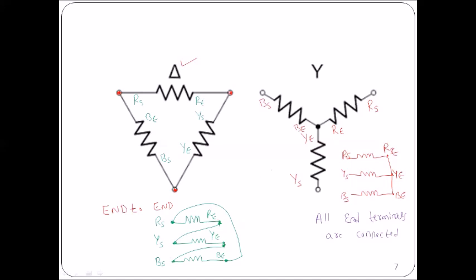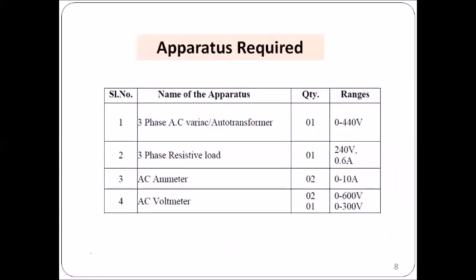Now with this as the basis, we shall discuss the apparatus required to conduct this experiment. To conduct this experiment, we require one three-phase auto transformer and one three-phase resistive load.